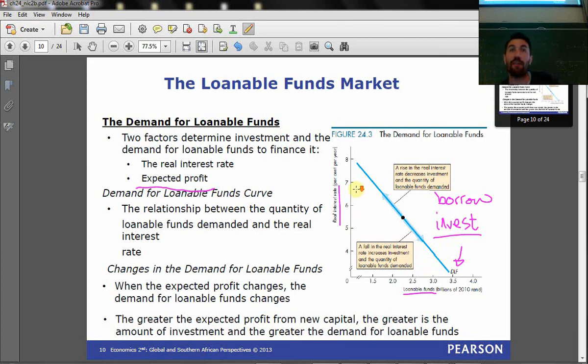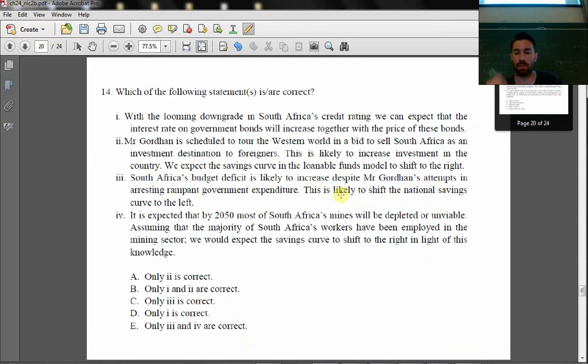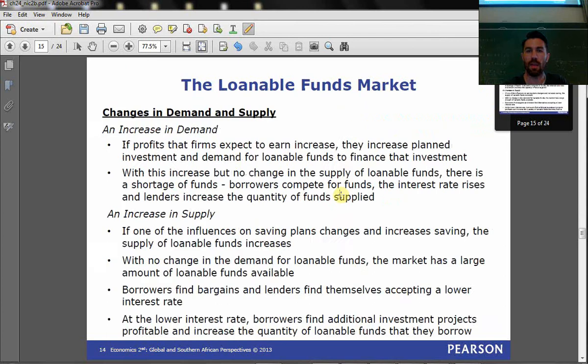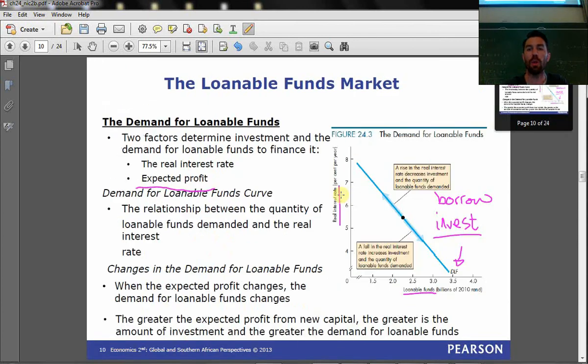If I expect profits to fall, if I expect the economy to do poorly, my demand for loanable funds is going to shift to the left. So this is a change in expectations, but it's a negative change in expectations.